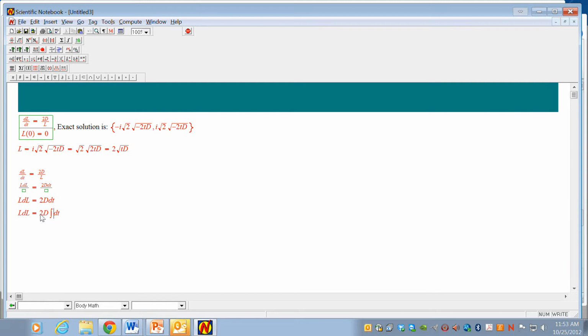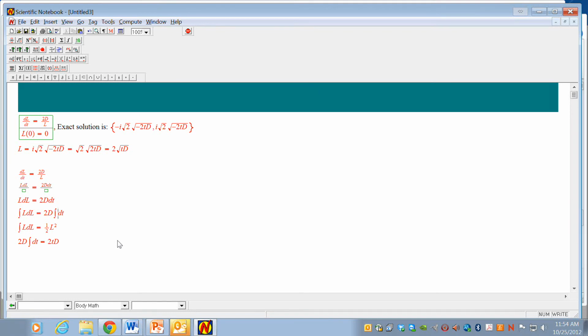So this is just a constant. We integrate dt, and we're going to integrate L dL. That is best done, I think, if we split it up into two steps. First we'll do the left side, and that equals L squared divided by 2, and this will equal just 2 dt.